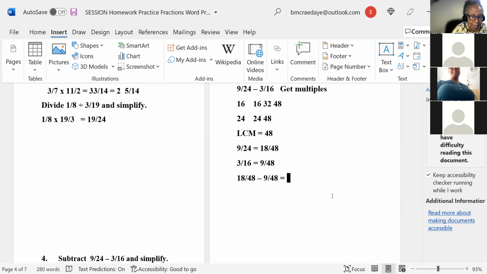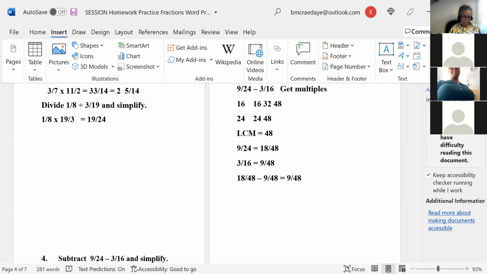What's 18 minus 9? 9. So that would be 9 over the denominator, the bottom number. Is that simplified? Yes, it is.